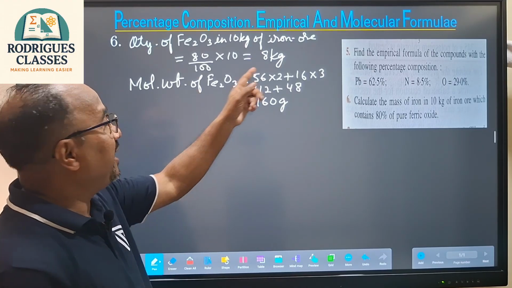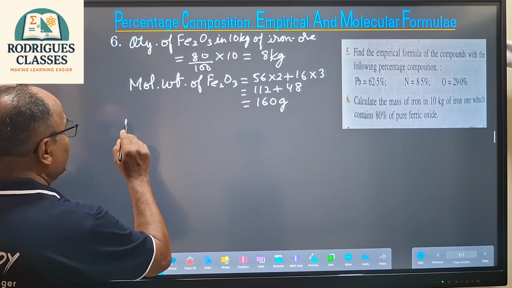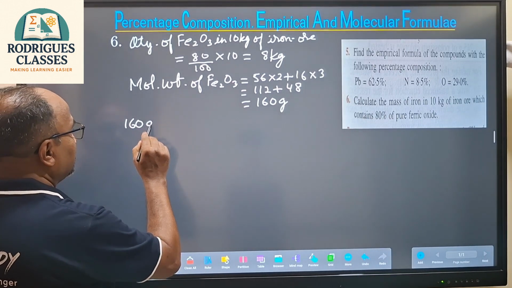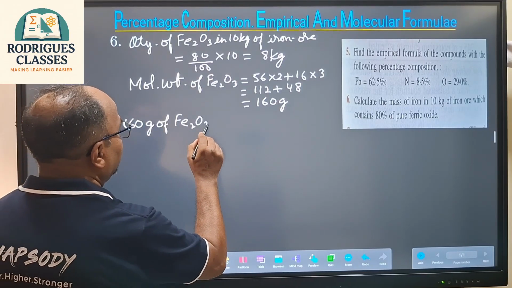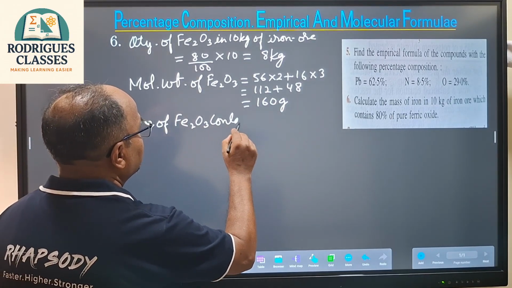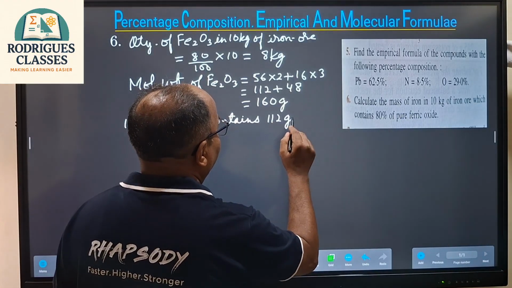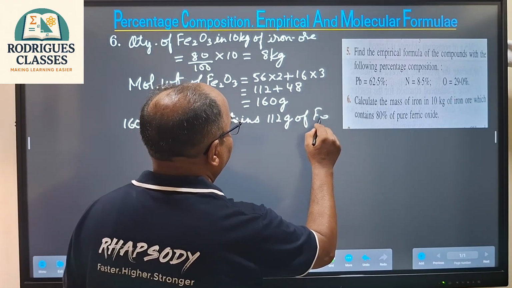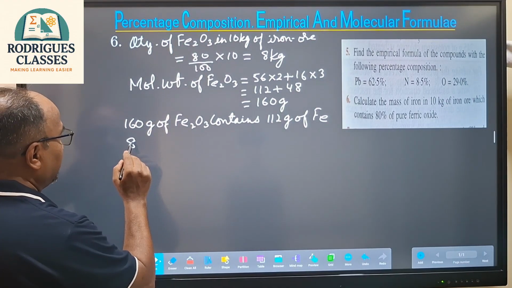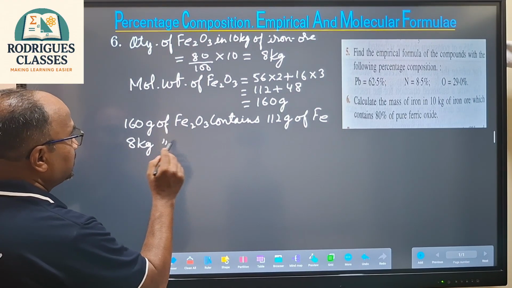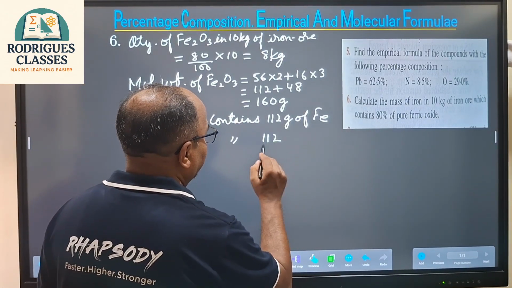So I have to know in 8 kg how much will be there. So I have to write here 160 gram of Fe2O3 contains 112 gram of iron. Now we will find how much is in 8 kg. 8 kg of Fe2O3 contains 112.